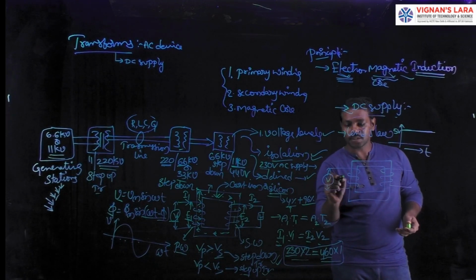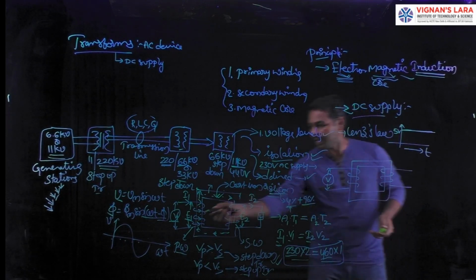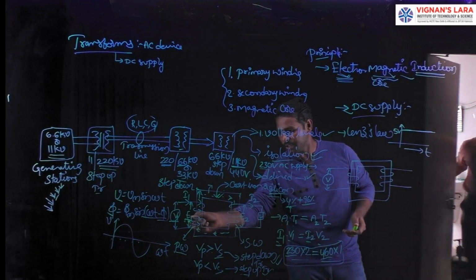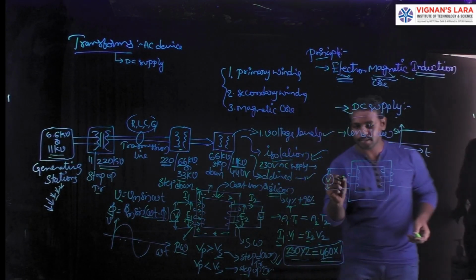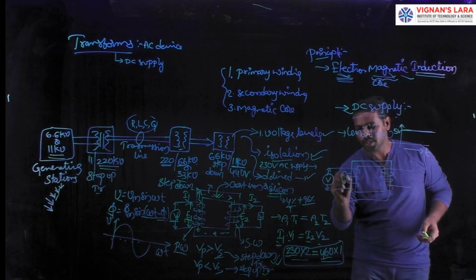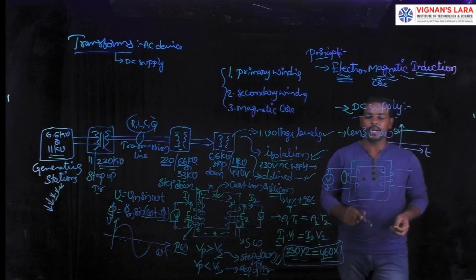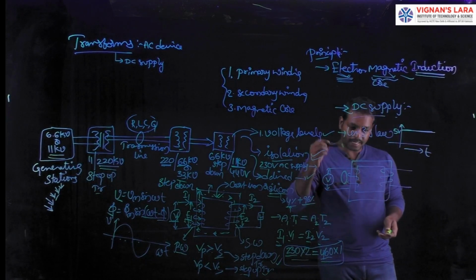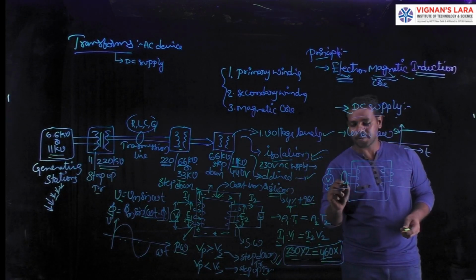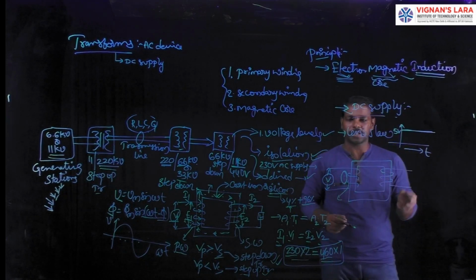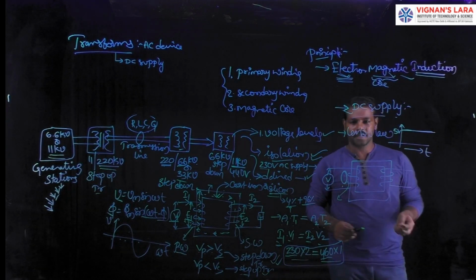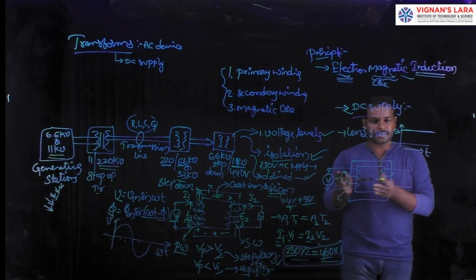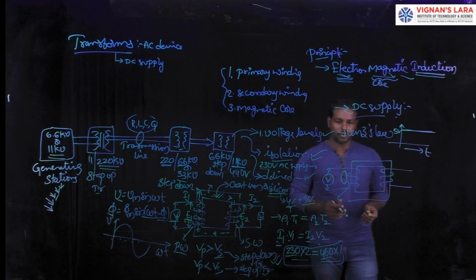So that's why there is no EMF. Previously E1 was generated, but now no voltage is developed in the primary winding of the transformer. In designing, the primary winding always has a small amount of resistance, less than 1 ohm.